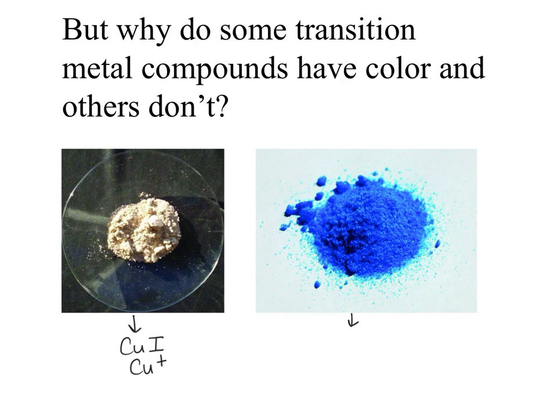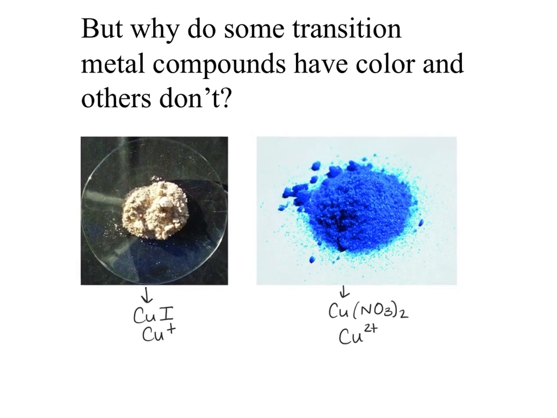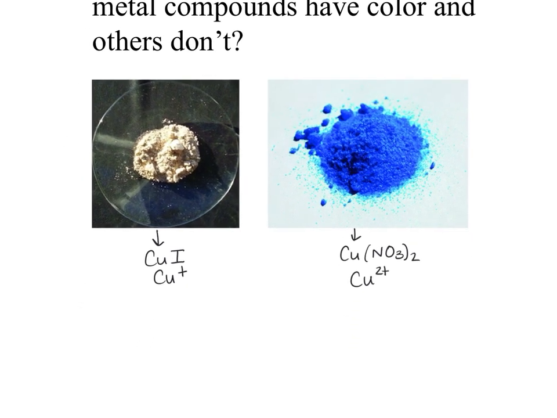And when we compare that to copper nitrate here, which is copper with a +2 charge, it's this beautiful blue. And so the burning question in your heart, I hope, is why? Why do some copper complexes give us these really beautiful colors, and why are some colorless? And the answer is it depends on their atomic structure.